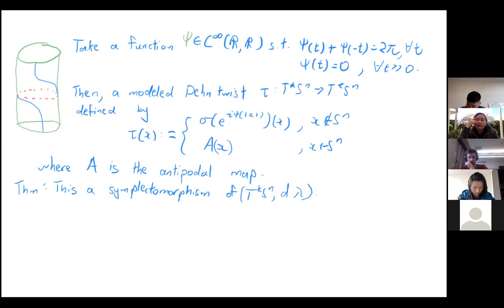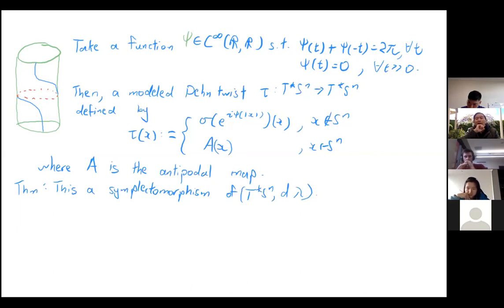Why do you need cosine t plus cosine minus t to be 2 pi? If t is 0, I can choose any smooth function which is pi at t equals 0, and beyond a half or 1 will be 0, and that will be fine.